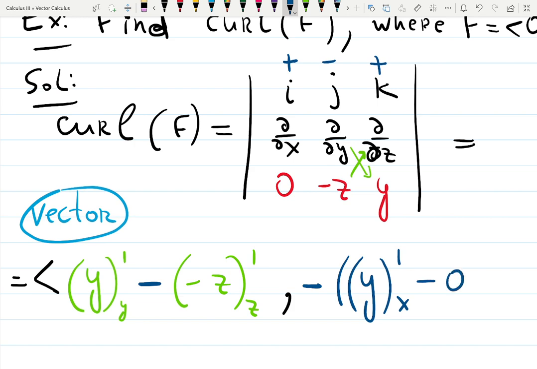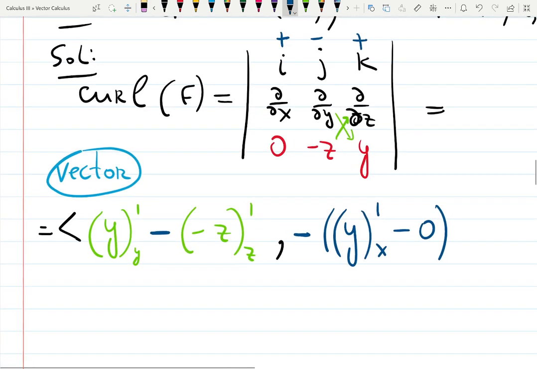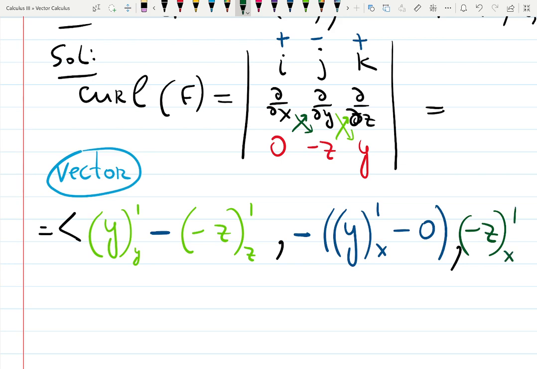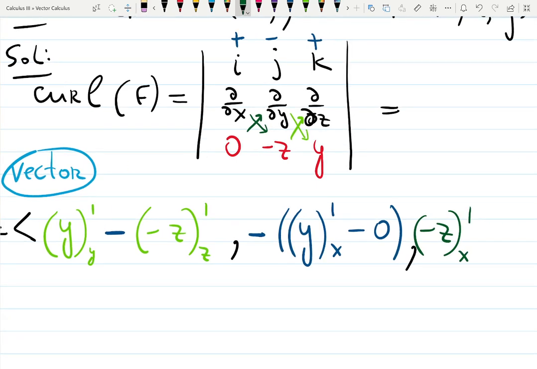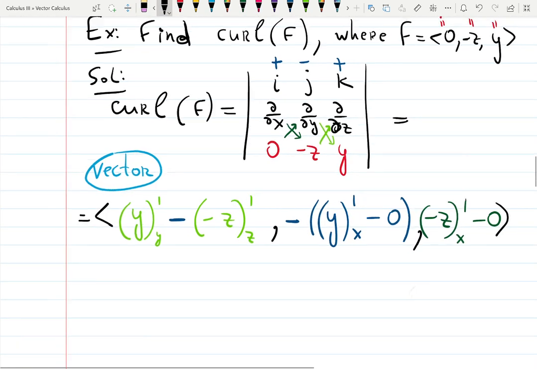Whatever, derivative of 0 is 0. So that is a good one. And the last one, comma, let's put it in a new color. The last one is green. Did I do it correctly? Yes. The last one is these two. k gives you minus z, but differentiated with respect to x, times minus 0. Anyway, writing this down step by step is harder than actually doing it right away.